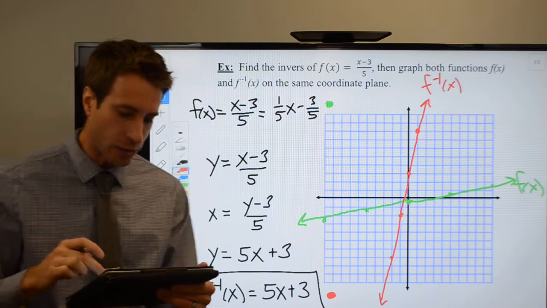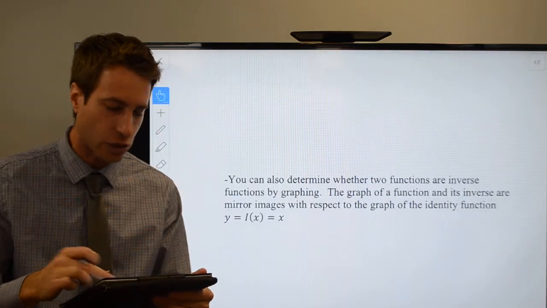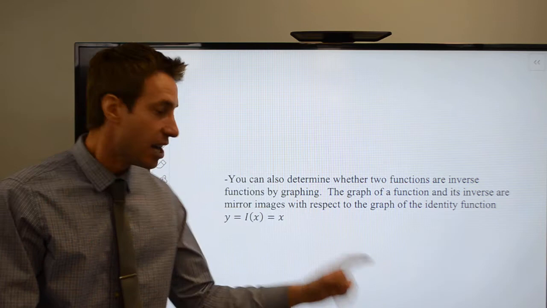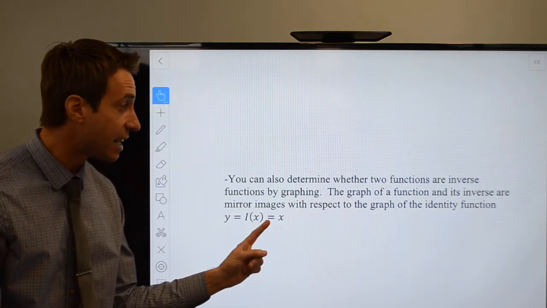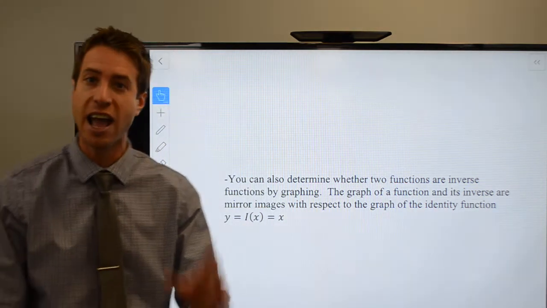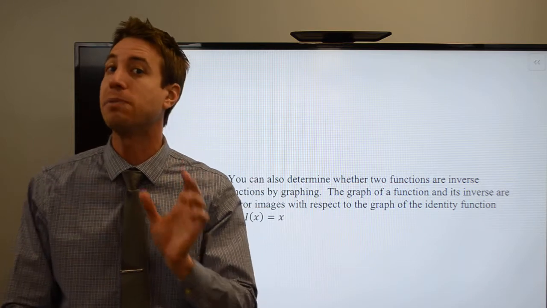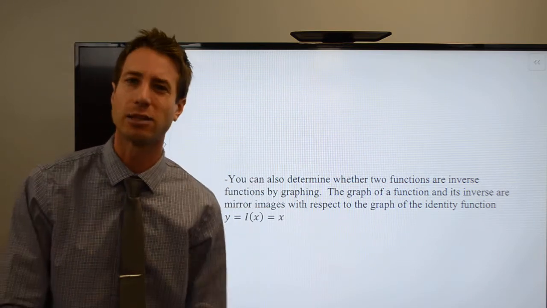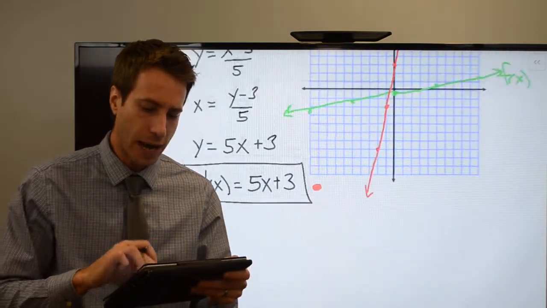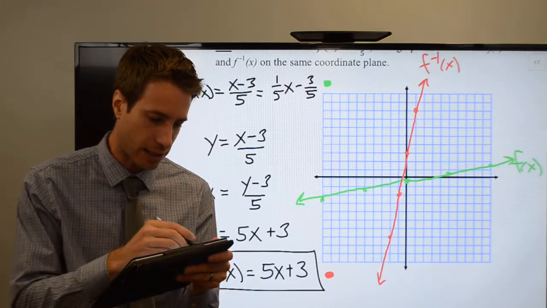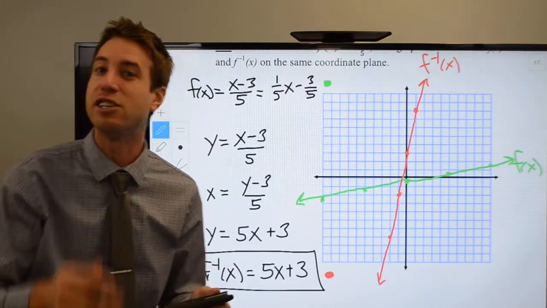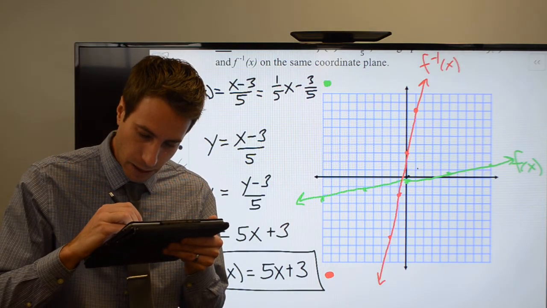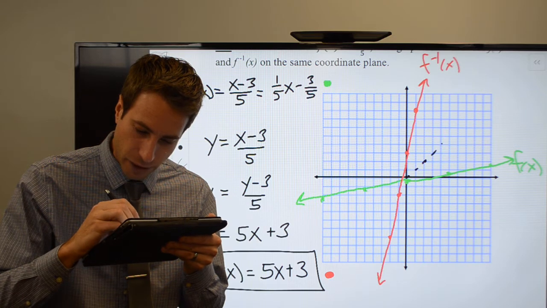And then I got a quick note down here just mentioning to you what I mentioned to you on the previous page. A quick way to check is to go ahead and graph the identity function, and your inverse function should be mirror images across that line. That's what I explained to you right here. We talked about it in the previous problem. Let's go ahead and use that check. Let's check to make sure I did this right, or at least visual check to see if it looks good. I graph that identity function, y equals x.